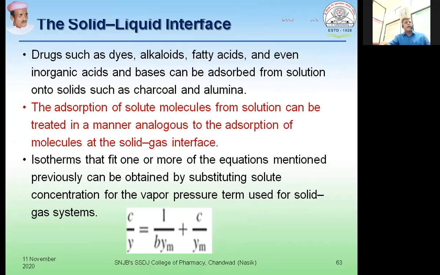So the isotherm equations which we have seen for explaining the adsorption of gas molecules onto a solid surface can be used for knowing the relationship of the amount of liquid molecules getting adsorbed onto solid surfaces.